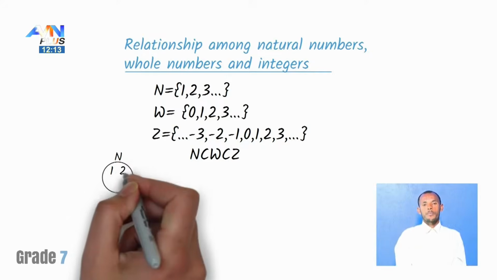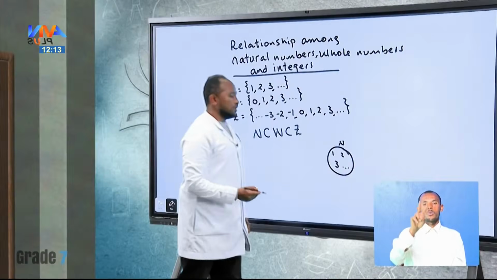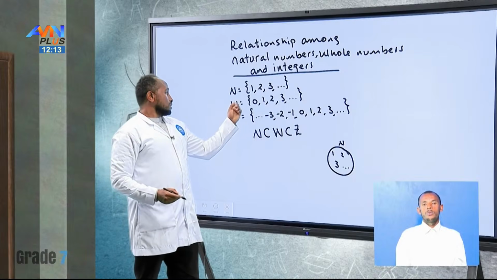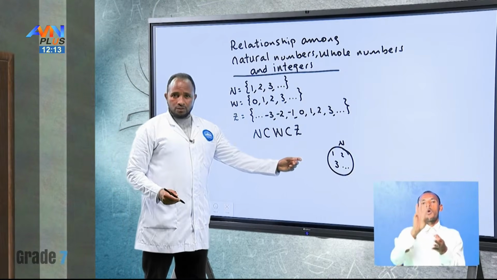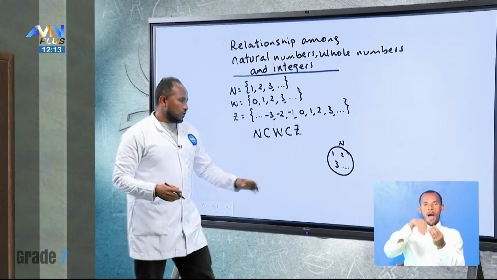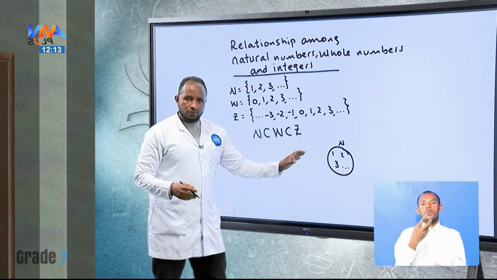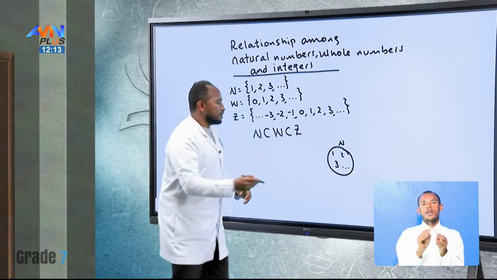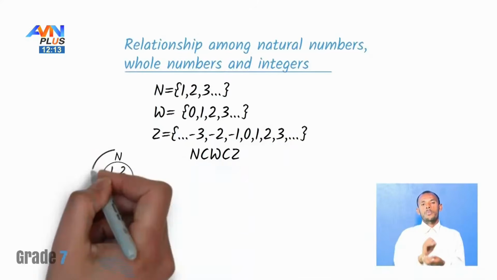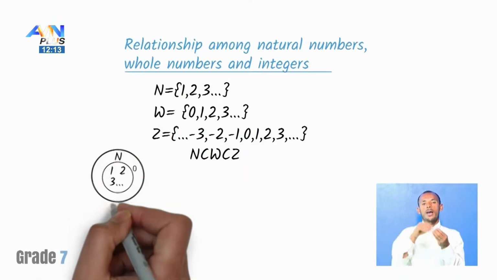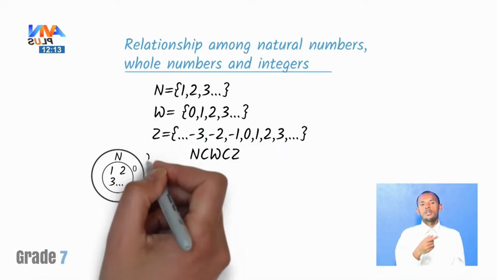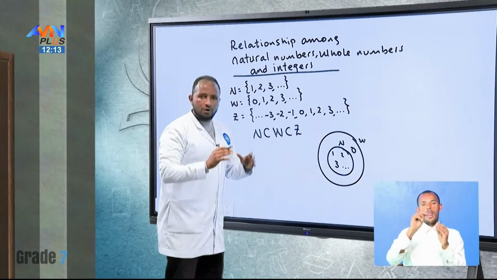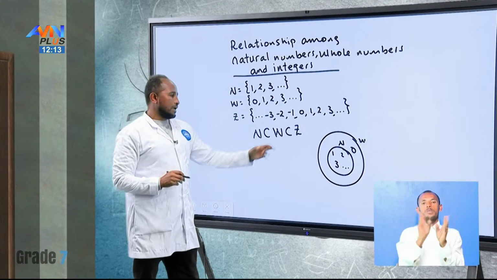To describe the set of whole numbers on this set, you add 0 to it. So we have 1, 2, 3, and so on, and we add 0. Therefore, when you add 0 on this set, you will have the set of whole numbers. As you can see, natural numbers are a subset of whole numbers. Whole numbers are a bigger set than natural numbers.